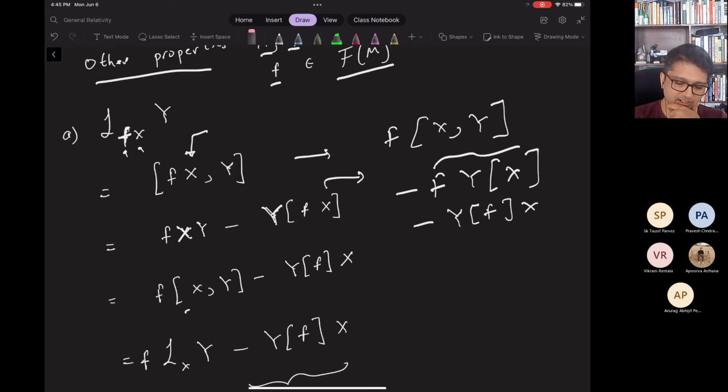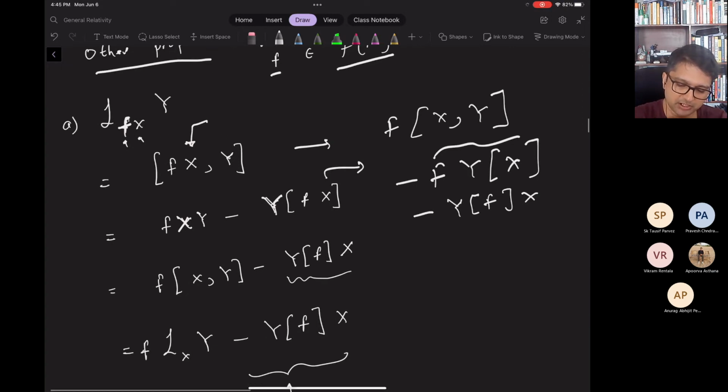So this is f times the commutator of X and Y minus Y of f times X. So instead of being distributive, this [fX, Y] is not just this, but you also have this extra piece.